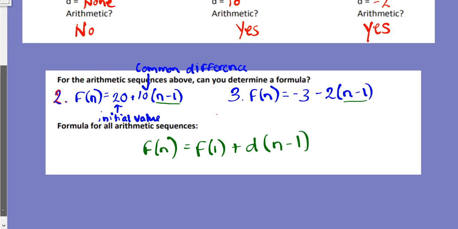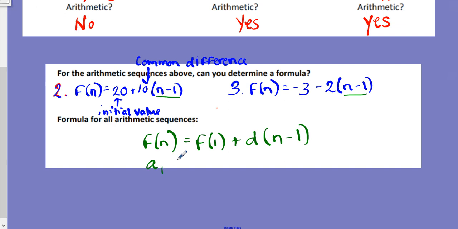Another way we can write that, if we're using a1 or an, equals my first term plus my common difference times n minus 1.